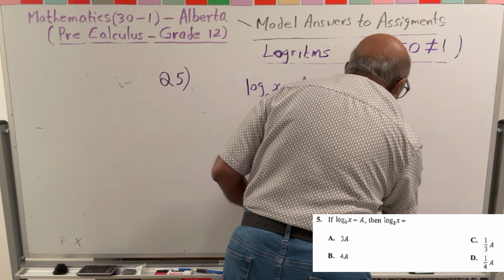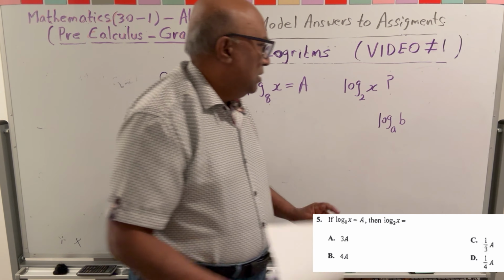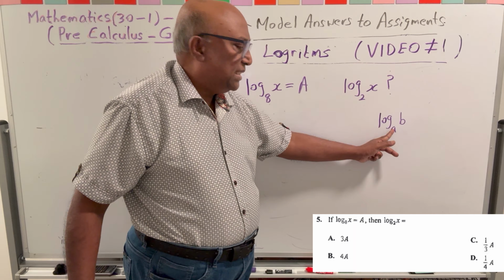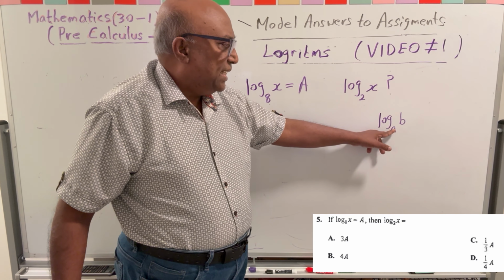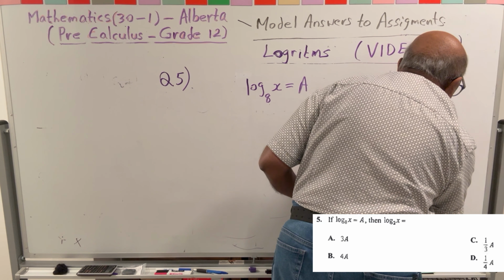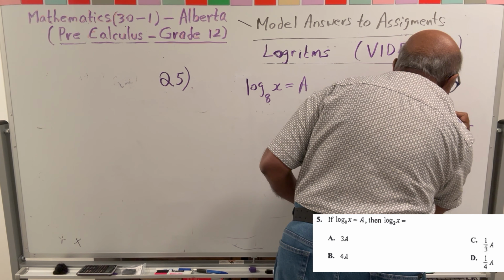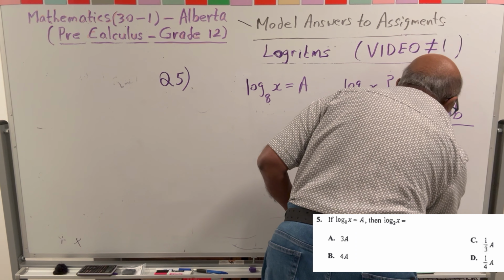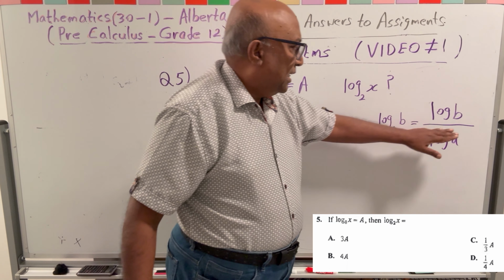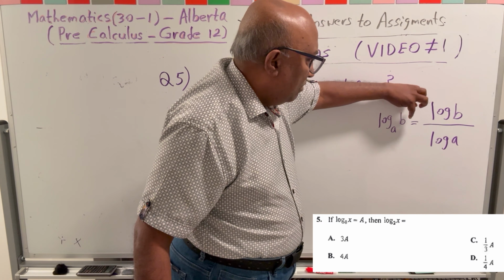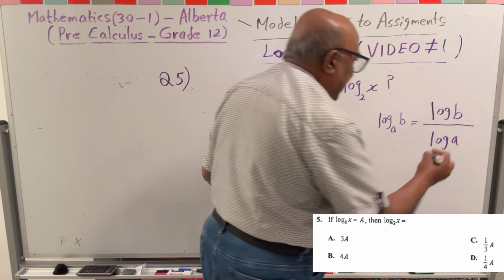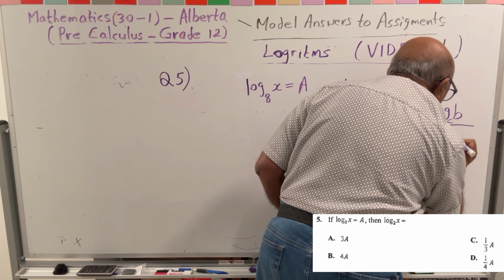Log base A of B: we are looking for the logarithm of B with base A. If we change the base to any other symbol, it looks like this. Just put a line, put log B here, put the upper symbol here, put the lower symbol here. This is the way of remembering this. Then insert any symbol that you need, base C.